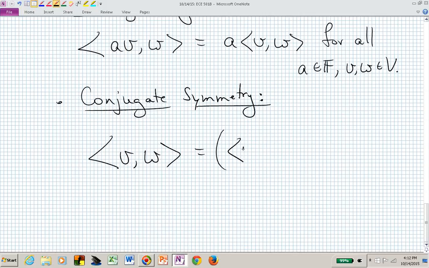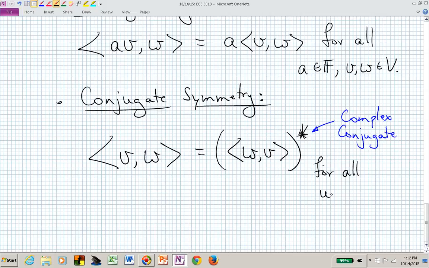That's equal to the complex conjugate of w comma v. And that's true also for all vectors v and w.